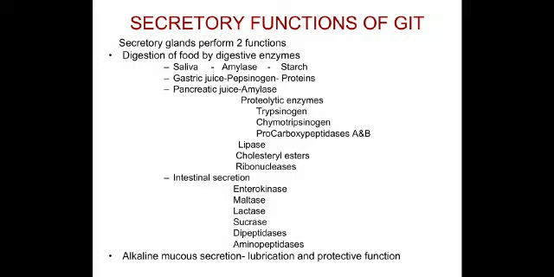The pancreatic juice contains amylase, the proteolytic enzymes like trypsinogen, chymotrypsinogen, procarboxypeptidase, lipase, cholesterol esterase, ribonuclease, and deoxyribonuclease. The predominant is enterokinase, and maltase, which lyses maltose into the end products of carbohydrate, then lactase, sucrase, dipeptidase, aminopeptidase, and finally the alkaline mucus secretion, which helps in lubrication and protective function.